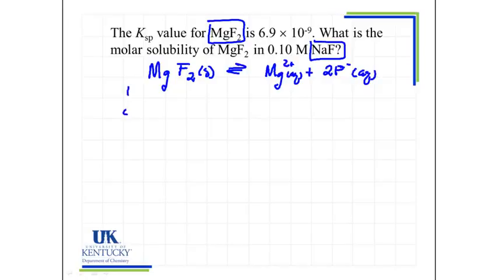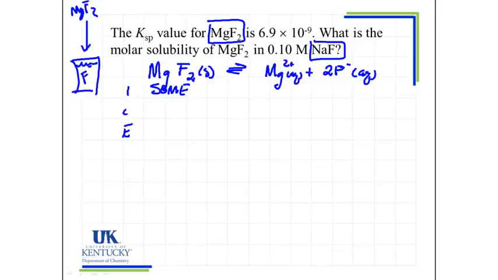I will have an ICE table, and this is where it's different. I am placing some of the MgF2 into this beaker. But this beaker is no longer just water. This beaker contains some sodium ions already and some F- ions because it's sodium fluoride.